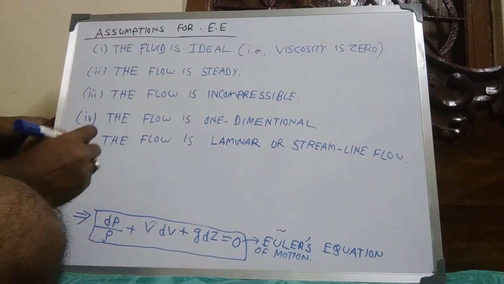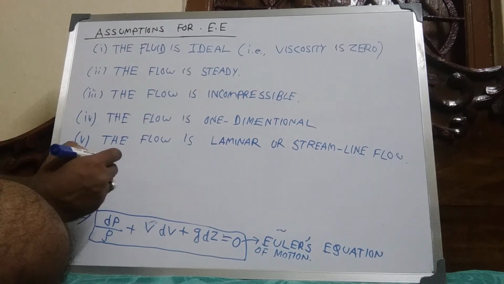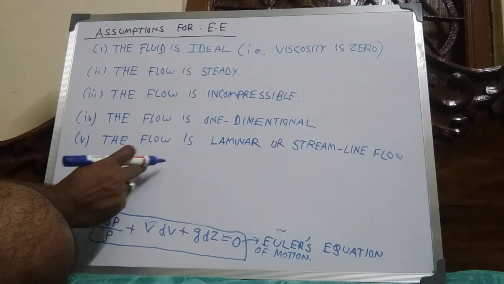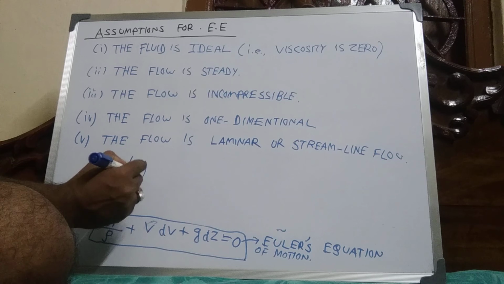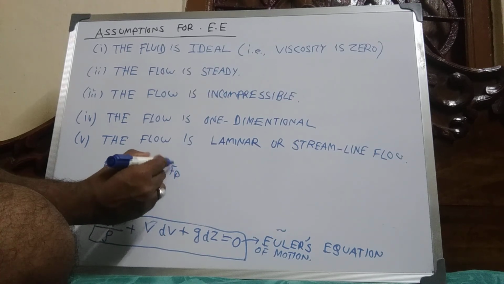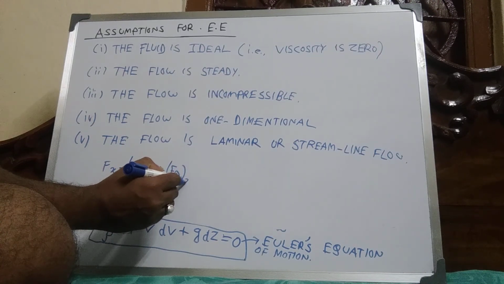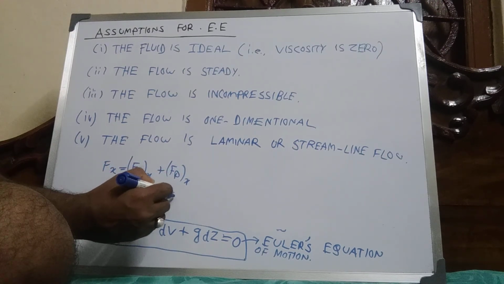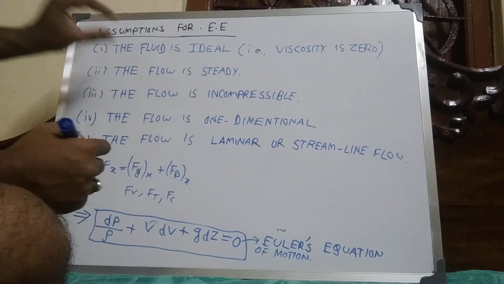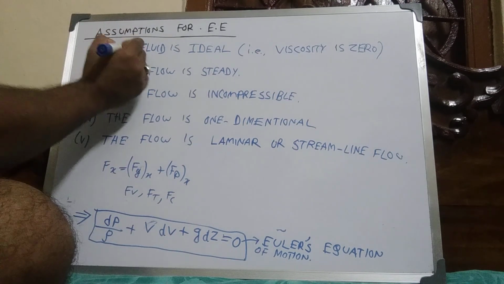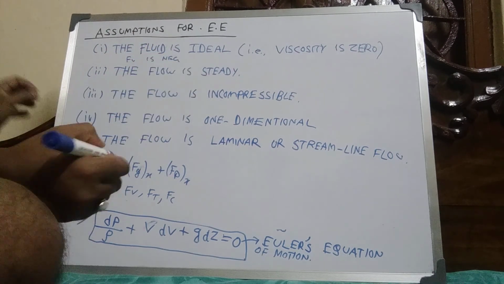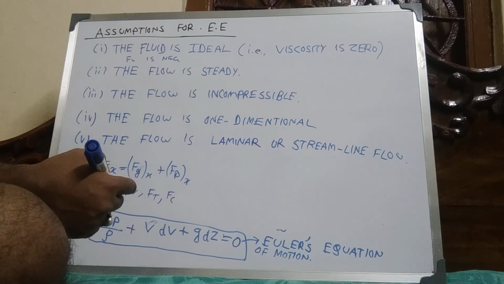Now we know for the Euler equation the resulting net force equals the gravitational force in the x direction and the pressure force in the x direction, and Fv, Ft and Fc are negligible. So ideal means no viscosity, here Fv is negligible. Flow is steady, means velocity with respect to time is zero.